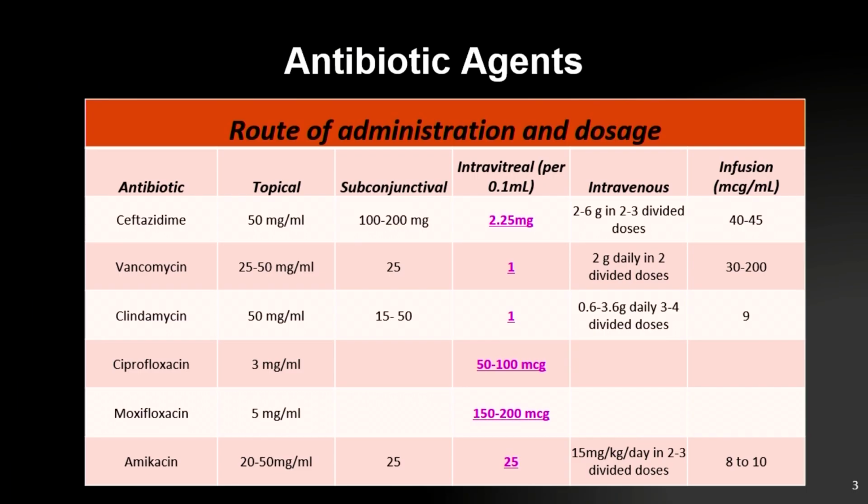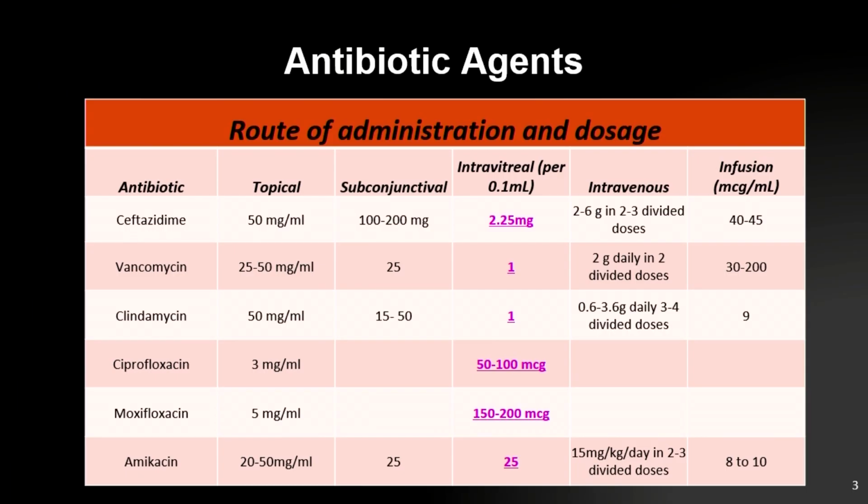So the common antibiotic and antifungal agents, as we all know from our clinical practice and our knowledge of microbiology, pathology, and pharmacology: the antibiotics commonly used are ceftazidime, whose intravitreal dose is 2.25 milligram in 0.1 milliliter. It can be given intravenously and also topically. Vancomycin is another common agent that we use, 1 milligram per 0.1 milliliter.